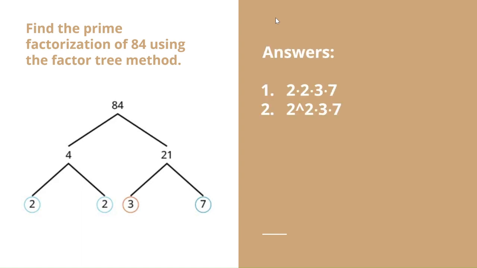Okay, I think time's up. The exponential form is 2 squared times 3 times 7. Again, if you want to check the answer, 2 times 2 is 4, and 4 times 21 is 84.